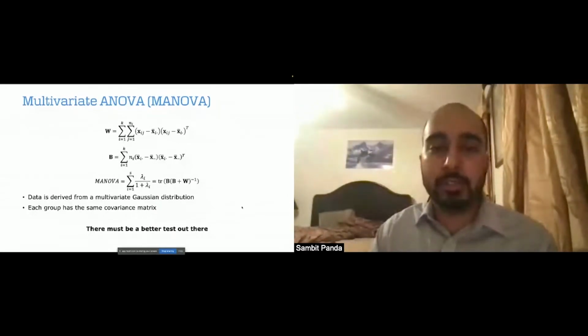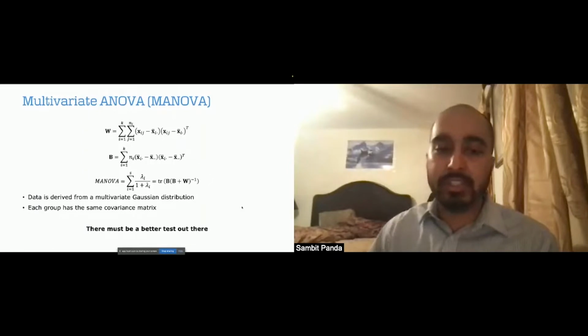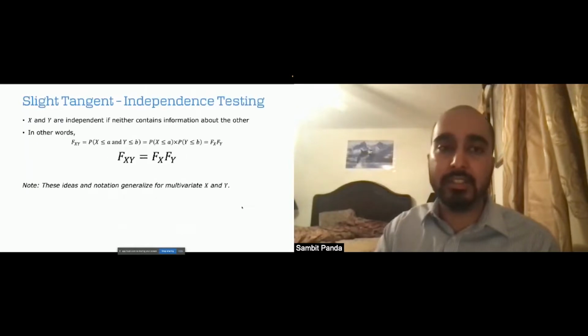At the top here is shown how one of the test statistics is computed, but essentially it has a couple of assumptions that it makes, one of which is that the data is multivariate Gaussian distributed, and that each group that you're testing has the same covariance matrix. These are very strong assumptions, not very present in data that I'm sure many of you use. So there has to be some better test out there that doesn't make these strong assumptions.